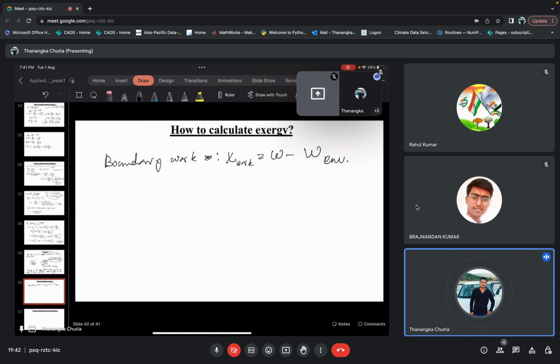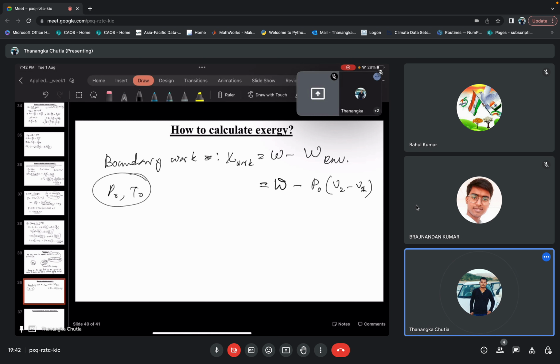In this case the environment variables are P0 or T0. And the additional term is P0 times V2 minus V1, where V2 and V1 are the system's final and initial volume. So this is how the basic formula works.